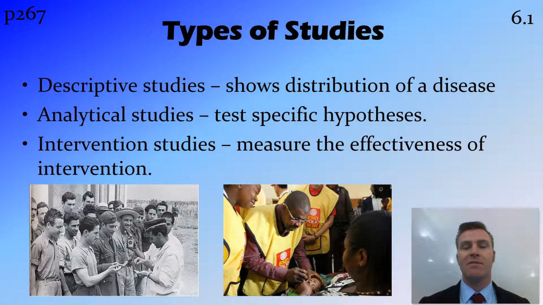We can then look at intervention studies, which look at an intervention, whether it's cleaning up of drinking water or introducing a new drug to a population, as to how effective that intervention is, and hopefully looking at the decrease in incidence of the disease.